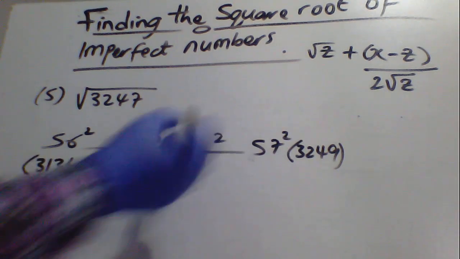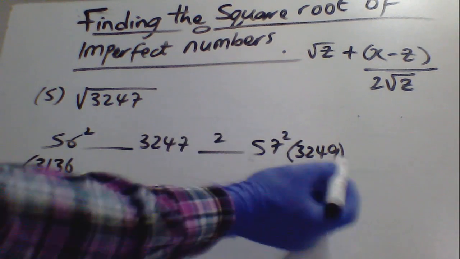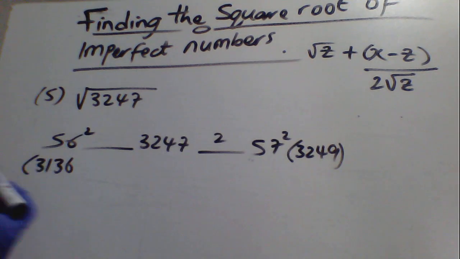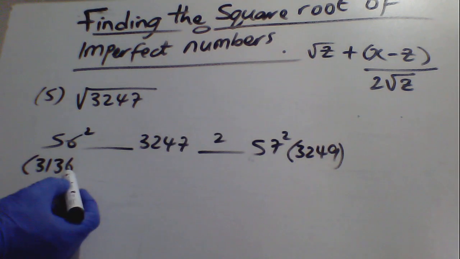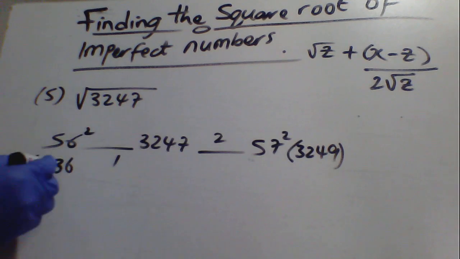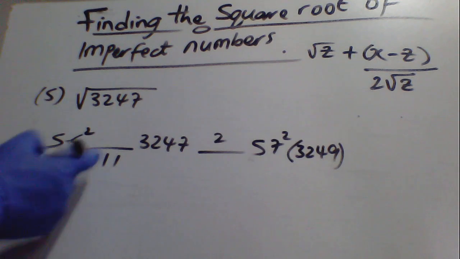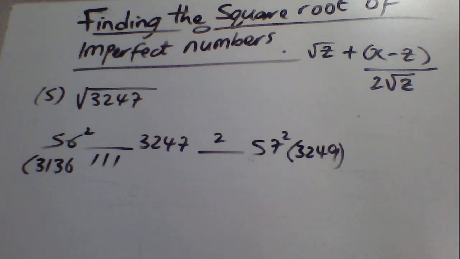You only need 2, because this is 3247 and 3249, so you need 2. How many do you need to move to get to 56? 7 minus 6 gives 1, 4 minus 3 gives 1, 2 minus 1 gives 1. So you need to move 111 to get to 56. Therefore 57 is very close.